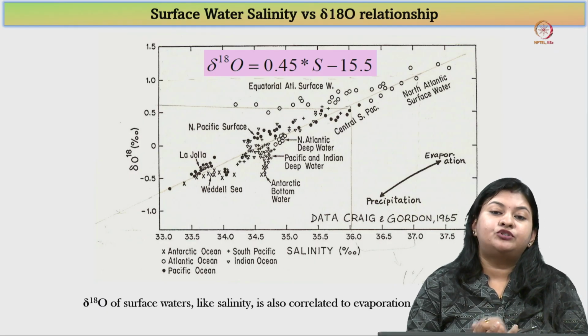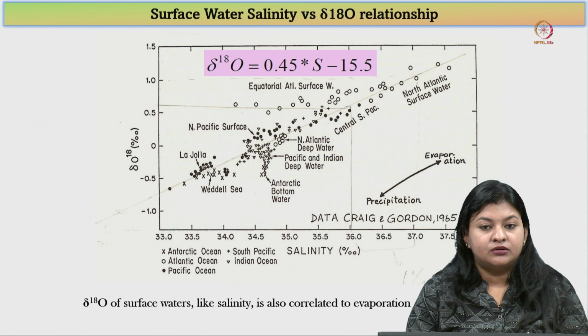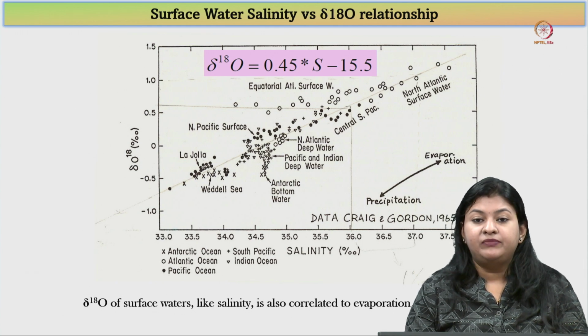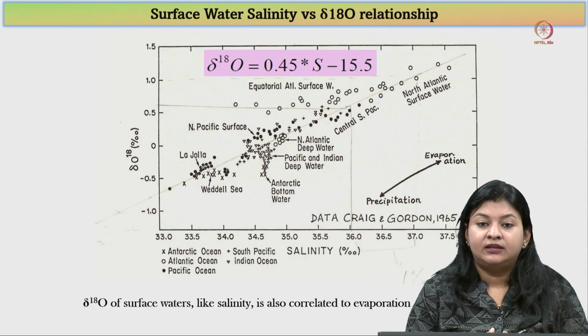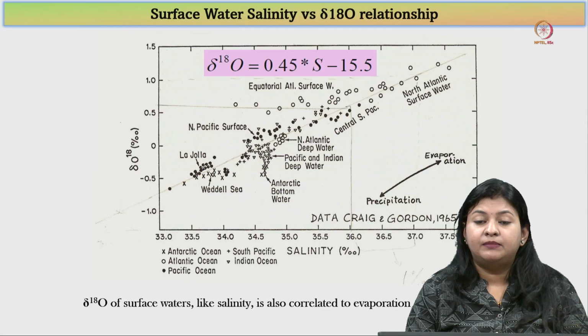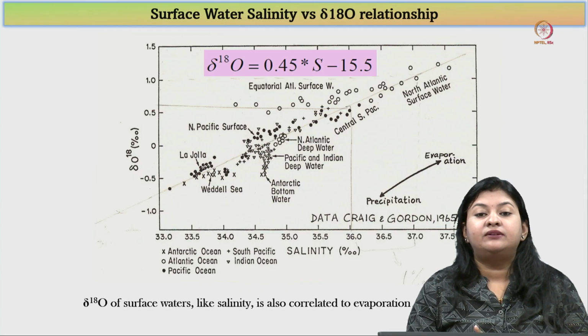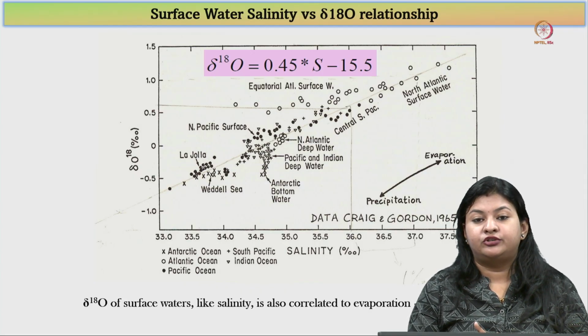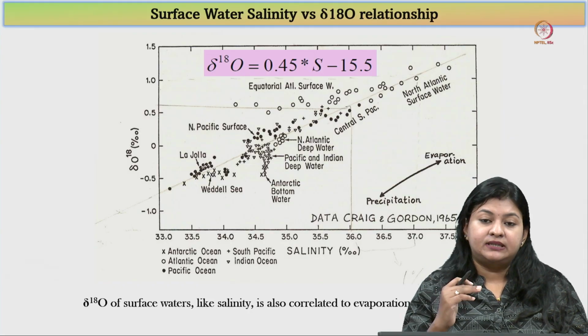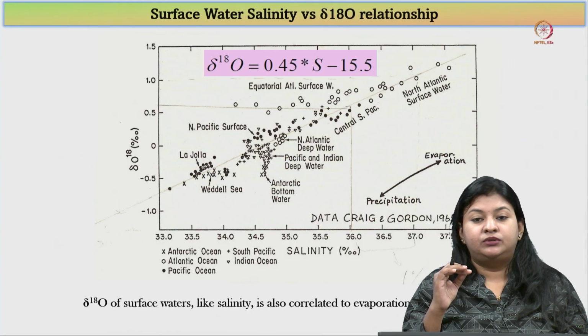Because in the deep ocean the salinity difference is very muted and the delta 18O value also gets muted. So, this kind of delta 18O relationship where there is a lot of variability, we are observing in the surface water of the ocean. That means a few hundreds of meters into the ocean.